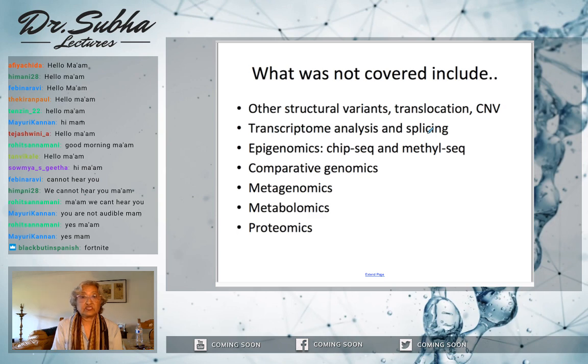We haven't done transcriptome analysis, splicing, or epigenomics, ChIP-seq, methyl-seq, which tells you epigenetic modification can change in cancer and in plants during development. Comparative genomics, that's a whole new ballgame. Two genomes from, say, Anopheles stephensi and Anopheles gambiae, how do you compare them? How do you know what got conserved, what changed, why they behave differently?